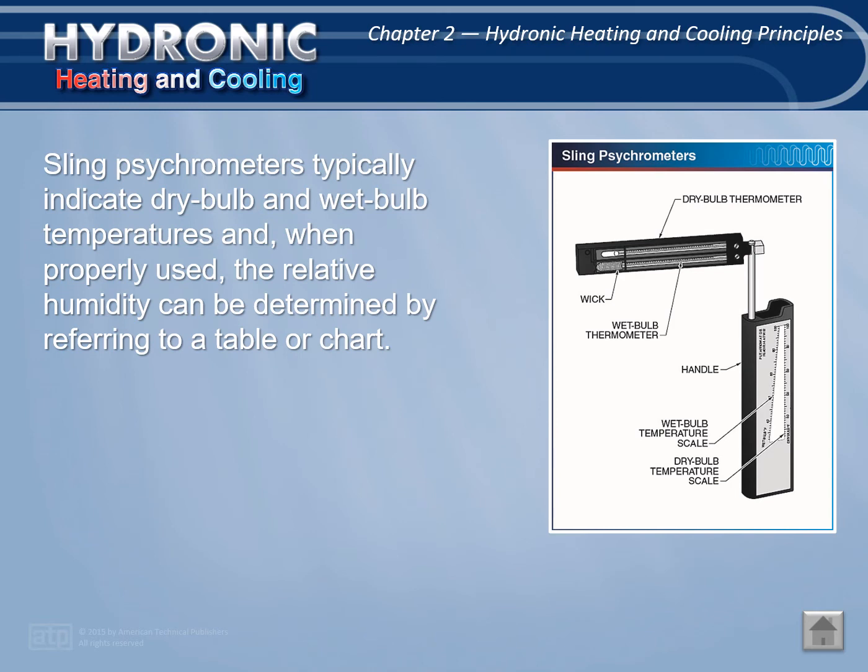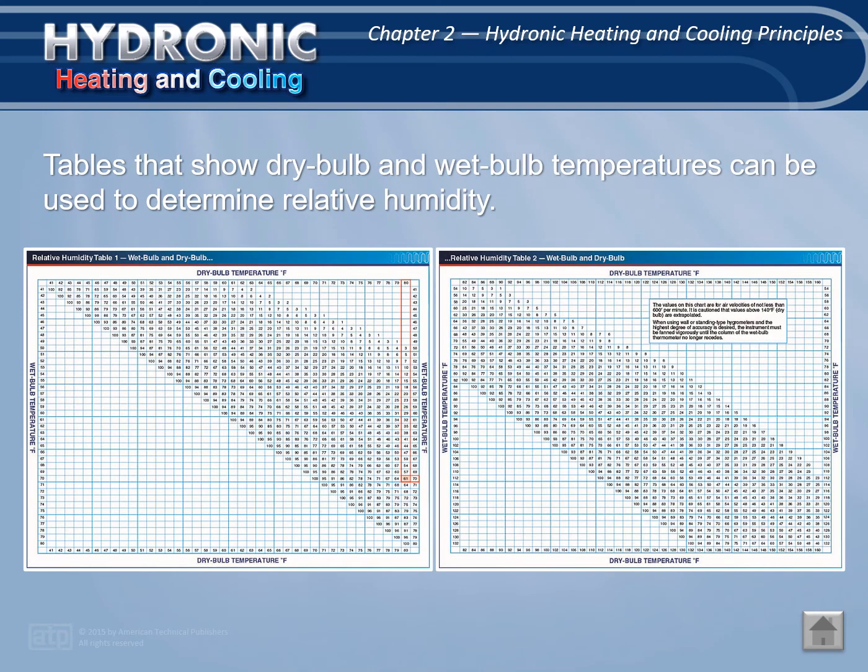Sling psychrometers typically indicate dry bulb and wet bulb temperatures, and, when properly used, the relative humidity can be determined by referring to a table or chart. This is an example of a chart table where you can use the dry bulb and wet bulb temperatures to determine the relative humidity.